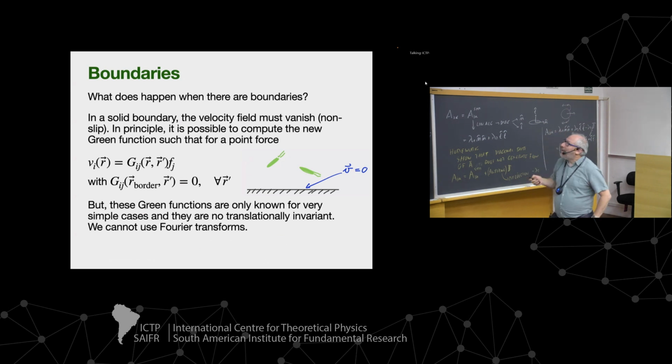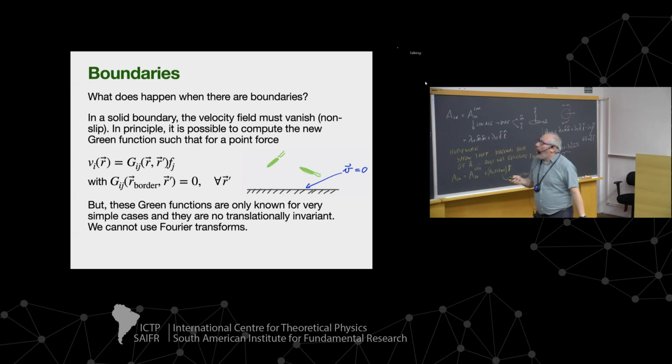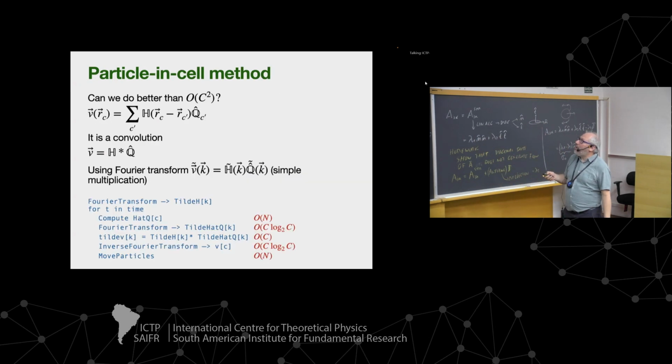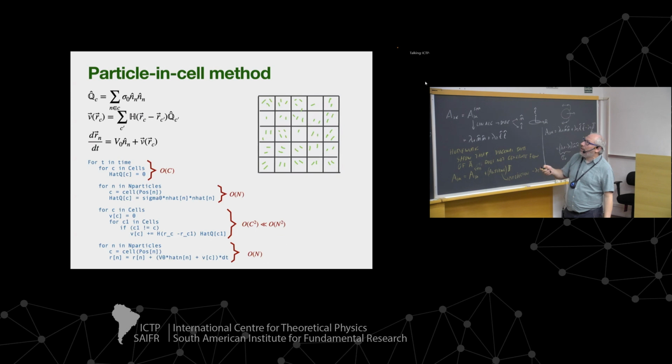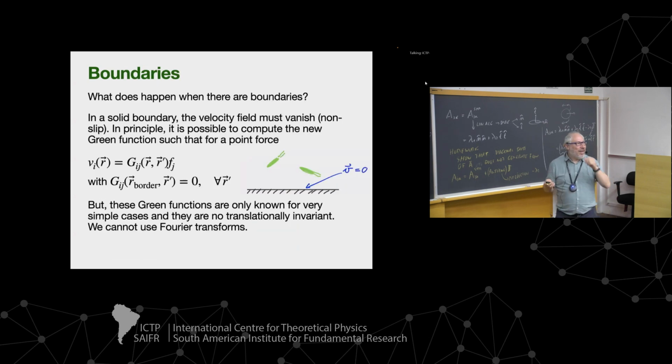So you cannot use the Fourier transform trick in this case, because it's not translationally invariant. You can live with that and use this method. No Fourier transform, but you can do it anyway. There is a solution, nevertheless.